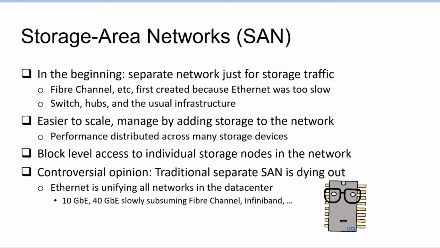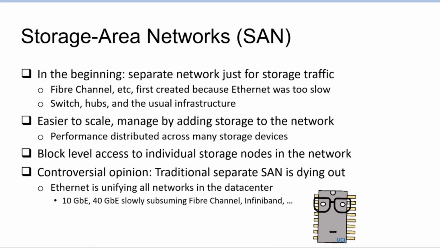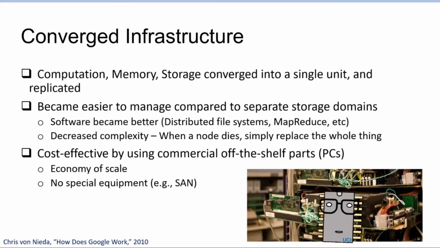So traditional separate SANs might not be as deployed as much as before, because even the storage devices plug directly into the Ethernet, but the idea is still there. Storage devices plug into the Ethernet and you use the Ethernet network infrastructure to communicate with remote storage, which is what storage area networks are.